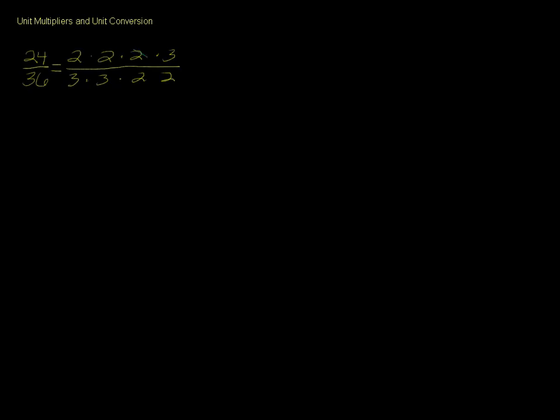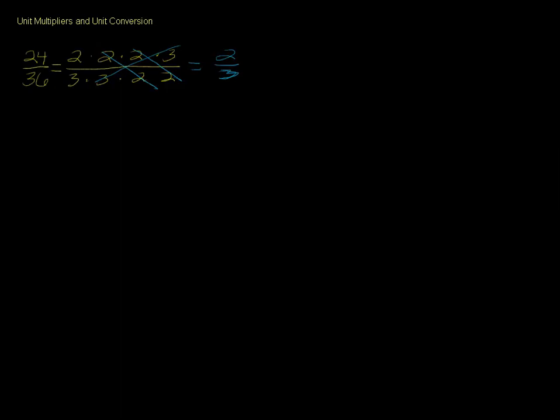So we have 2 2's on top, those cancel each other out. And we have a 3 up here and a 3 down here. So we end up with 2 thirds. So we can cancel numbers that are the same on top and bottom.